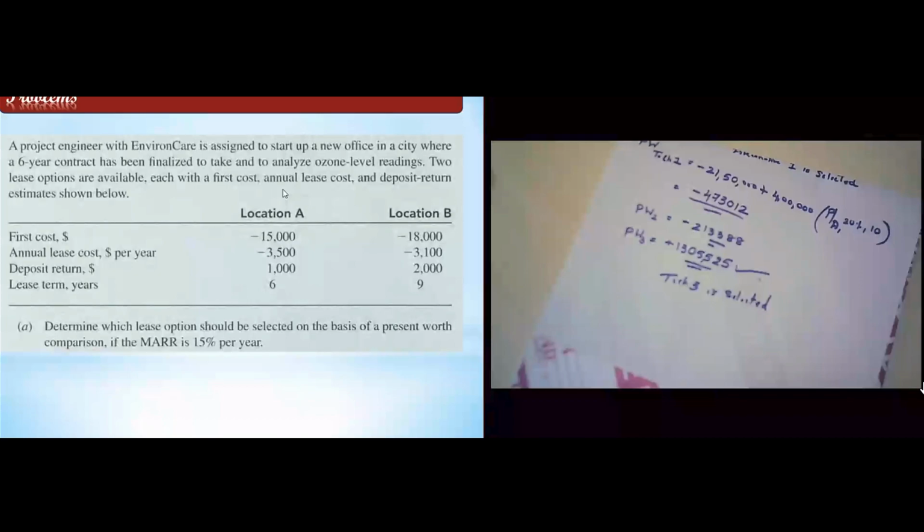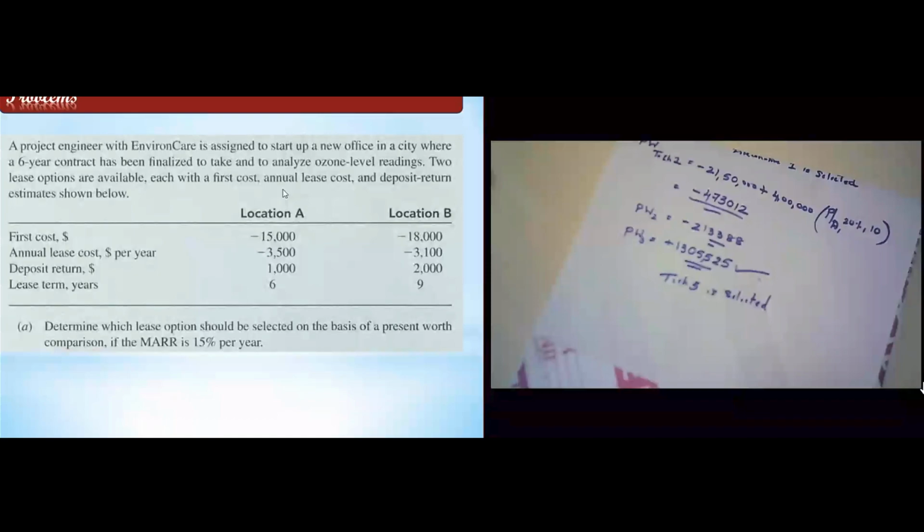So in the exam, if they have given the study period or analysis period as 5 years, that means you can take 5 years as the study period and calculate. But if they have not mentioned anything about the study period, then you have to go with the LCM method and calculate its present worth value. Okay, so this is about your LCM and study period. We will solve a numerical on LCM and study period in the next class.